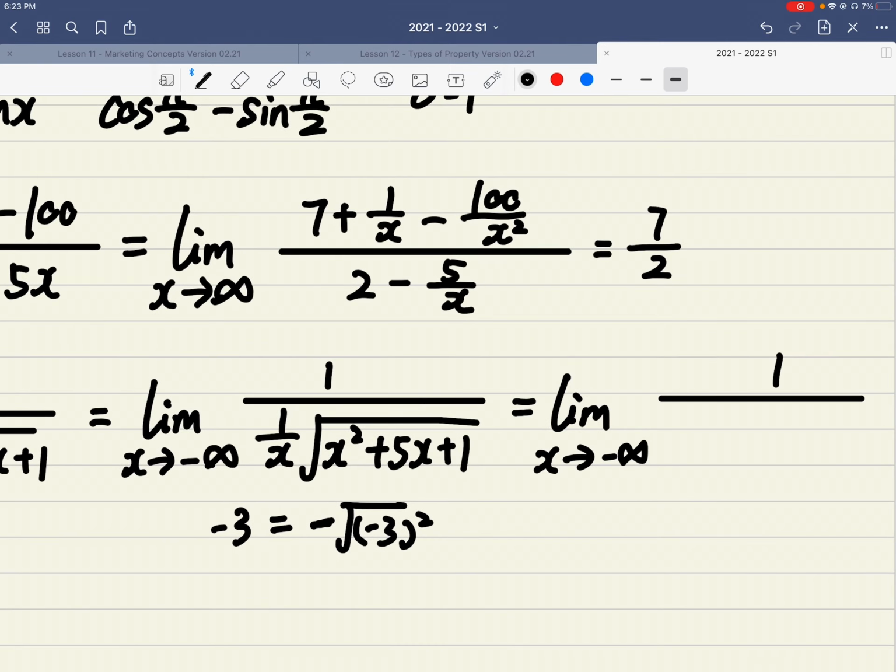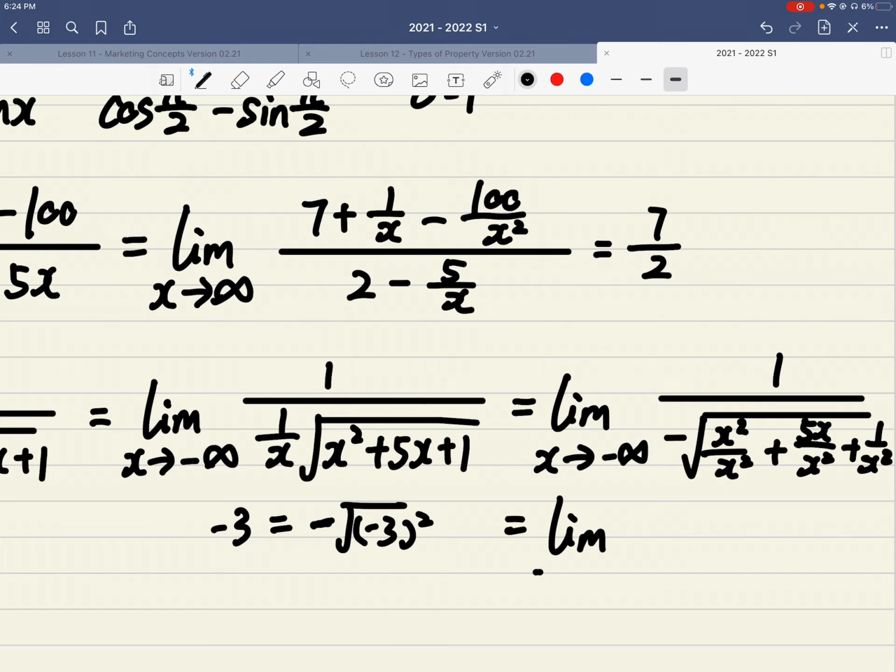So here is the same. It should be negative because x is approaching negative infinity, so x is a negative number. So when you move it inside, it is x squared over x squared plus 5x over x squared plus 1 over x squared.